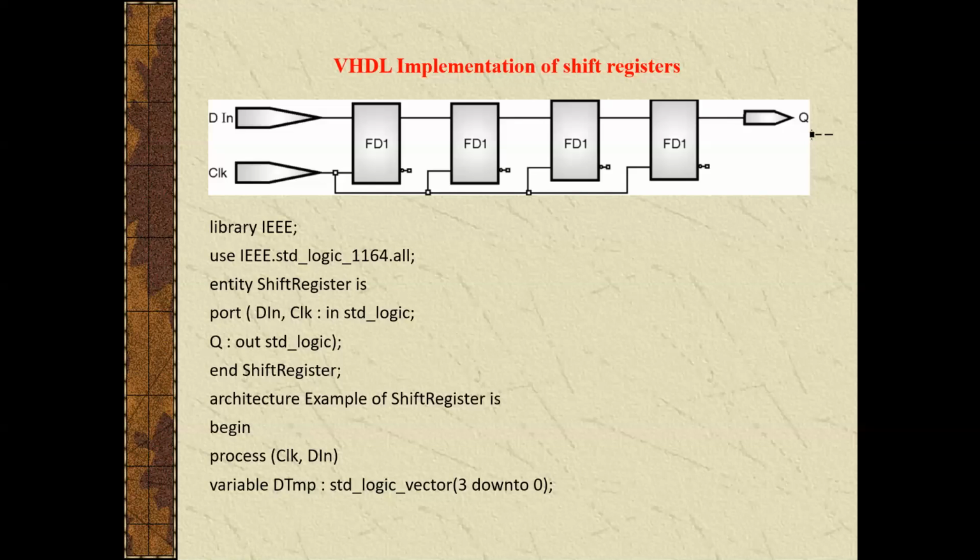The diagram shows the shift register, which is a 4-bit shift register. The main use of the shift register is for converting a serial data input stream to parallel data output or vice versa. In this, we are going to convert the serial data into parallel and parallel data into serial.